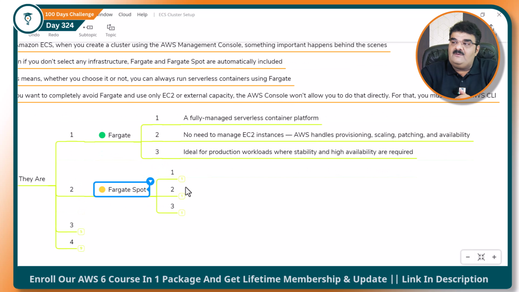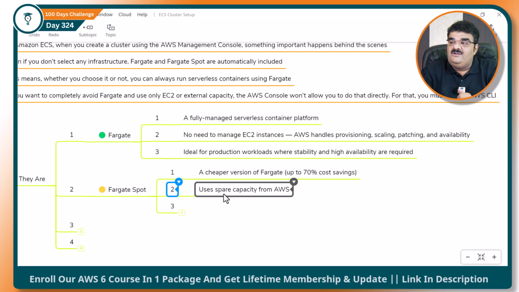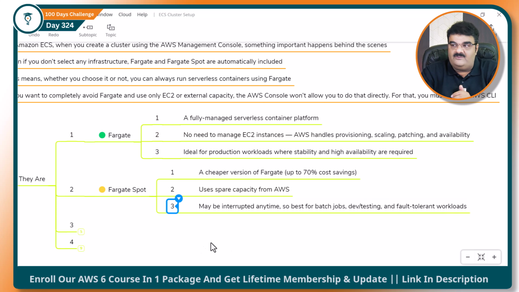If I talk about Fargate Spot, it is a 70% cheaper version of Fargate, and just like we have EC2 On-Demand and Spot instances, the same way we have 70% cost saving here as well. It uses spare capacity of AWS and may be interrupted anytime, so it is best for batch jobs, dev testing and fault-tolerant workloads.